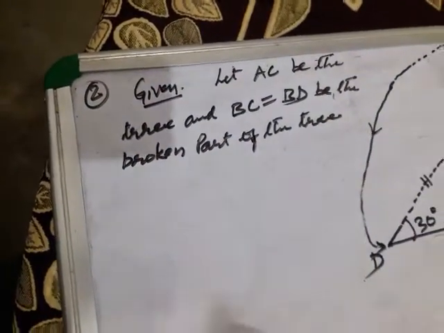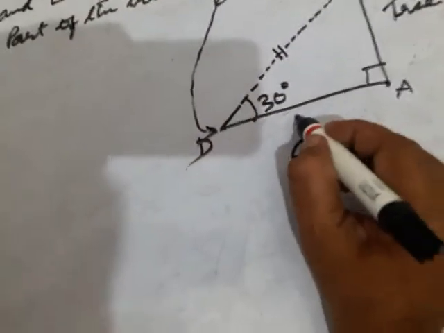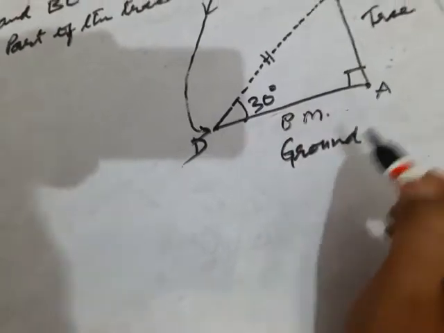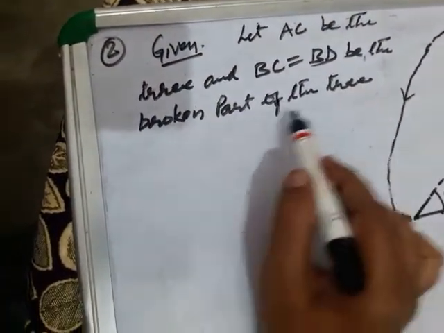Okay children, the distance given over here is 8 meters. This distance is given, this is 8 meters. Let AC be the tree and BC equal to BD be the broken part of the tree.